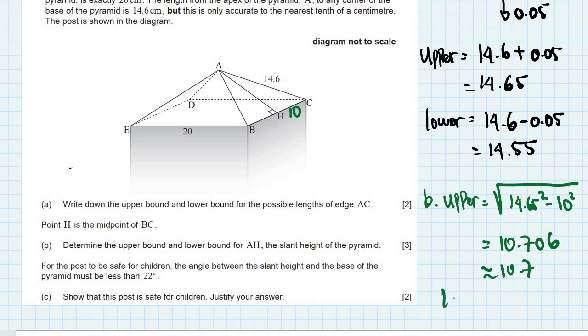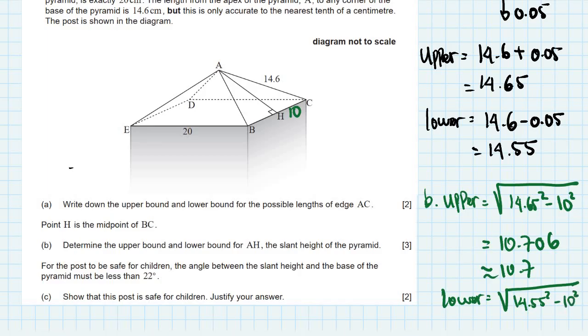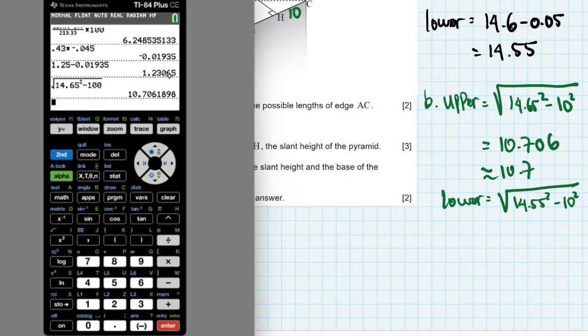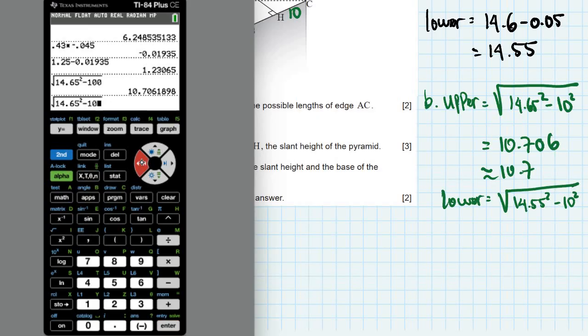And then for the lower, we also use the lower bound, which is 14.55. 14.55 squared minus 10 squared.